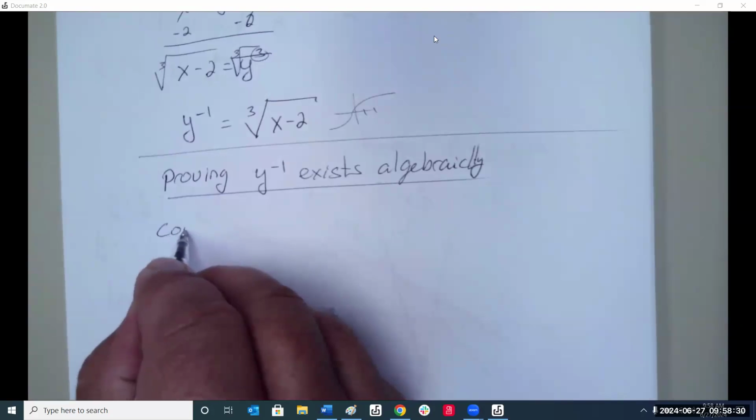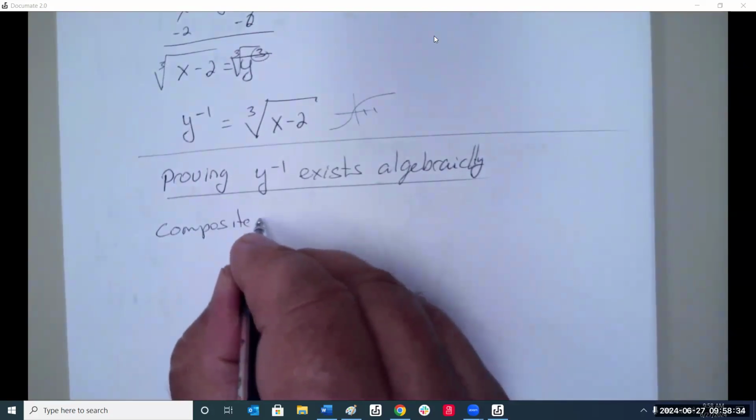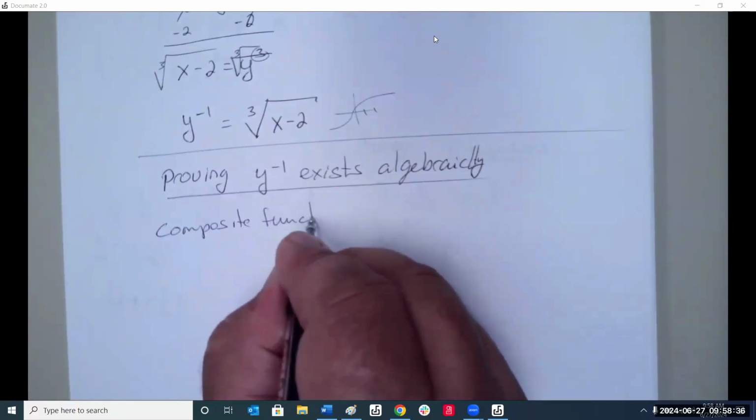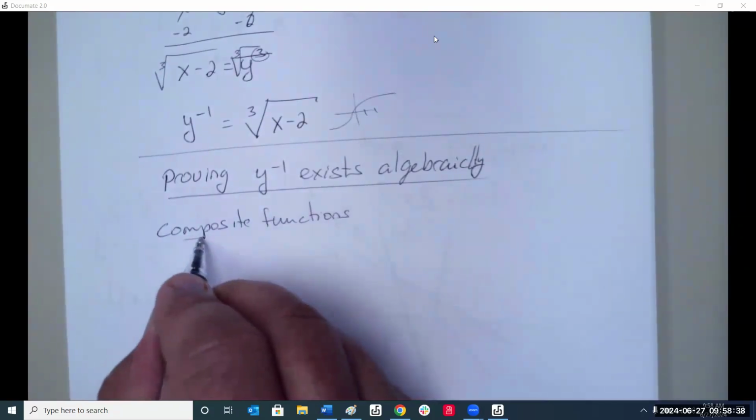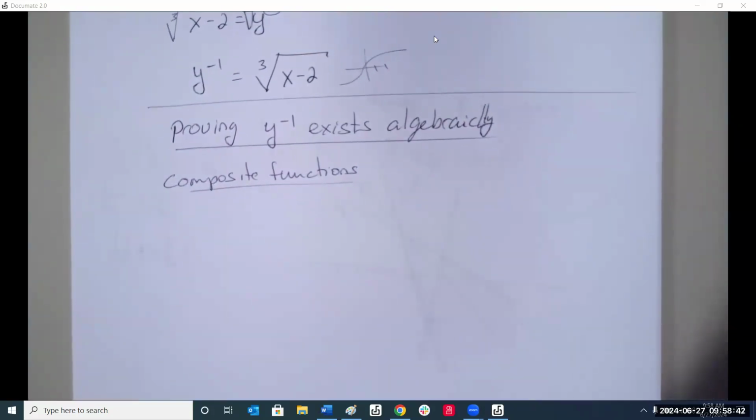We're going to be using composite functions here. Because all of these equations we've had so far are pretty easy. But if we had some more complex, ugly ones, and we found the inverse of them, how do we know it's truly the inverse?